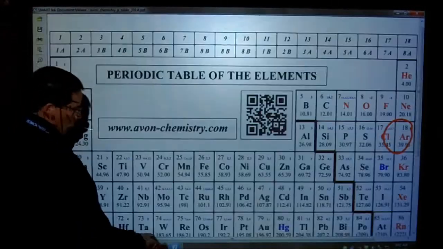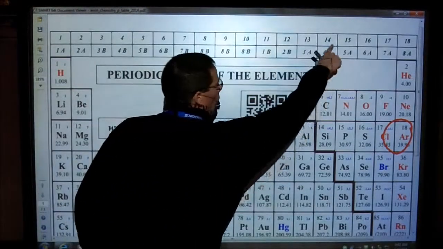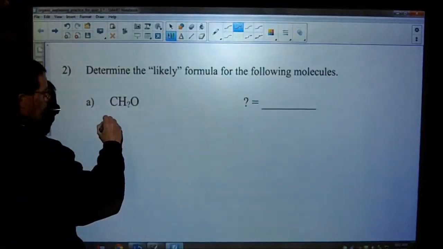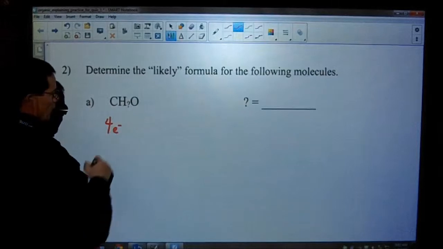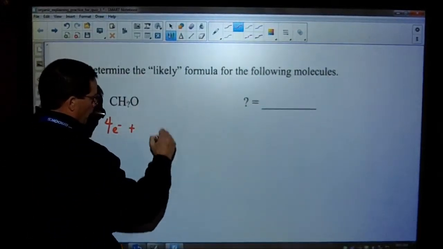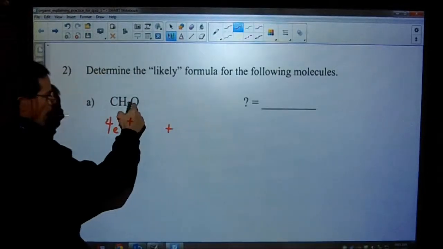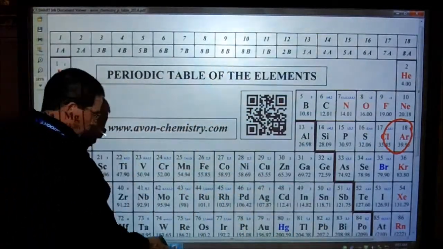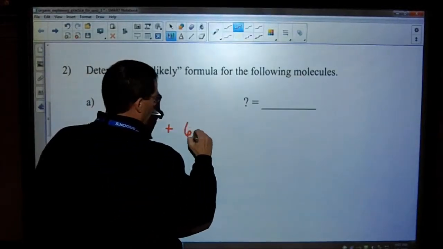So carbon has 4 valence electrons because it's in group 4. So there's 1 carbon with 4 electrons. Hydrogen, we'll skip that for a second. And then we have oxygen, and oxygen is in group 6A, so that means it has 6 valence electrons. And there's only 1 of those.